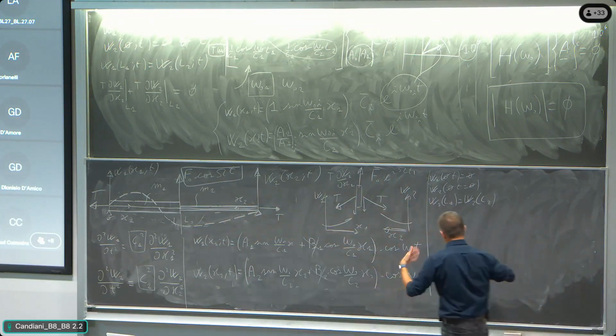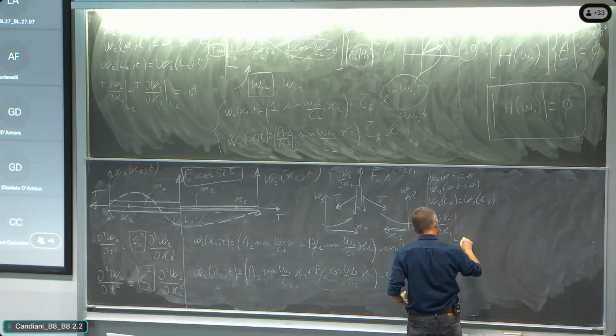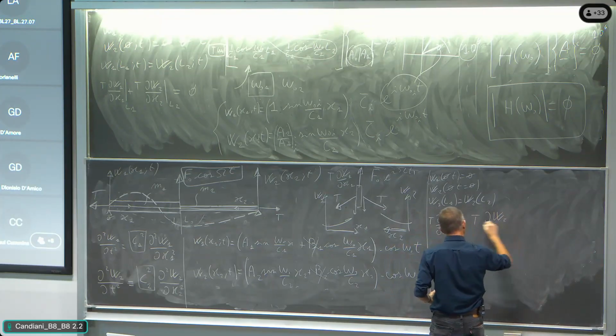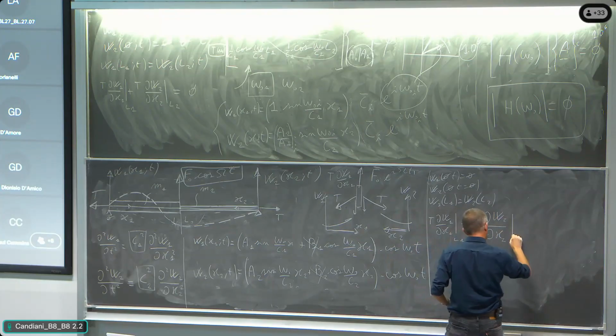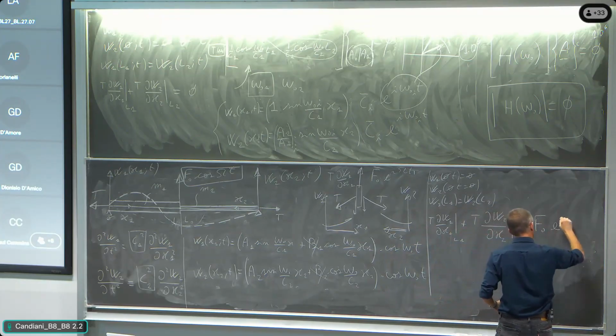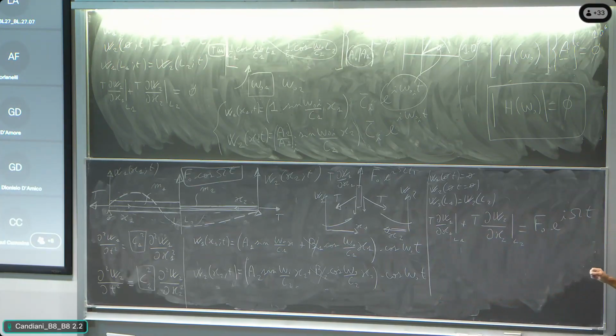And so the fourth equation becomes T dw1 over dx1 at the location L1 plus T dw2 over dx2 at the location L2 equal to F0. That is finished.